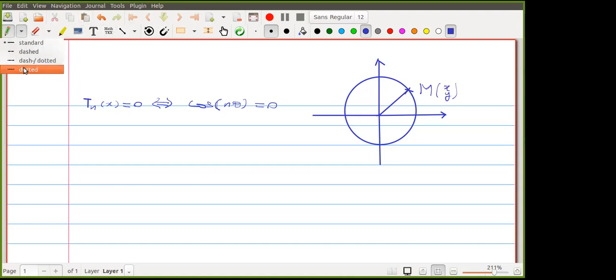So what I can do here, I can project this point on the x-axis, and similarly I can also project the same point on the y-axis. So if I do that, this is y, and this is x.